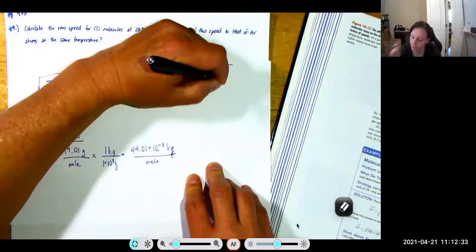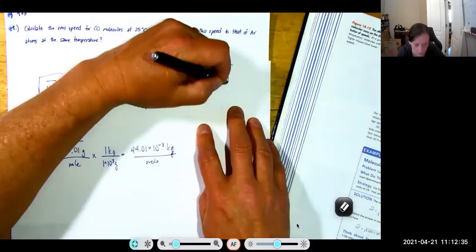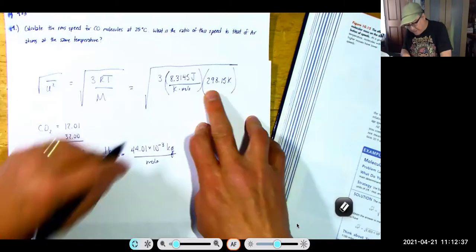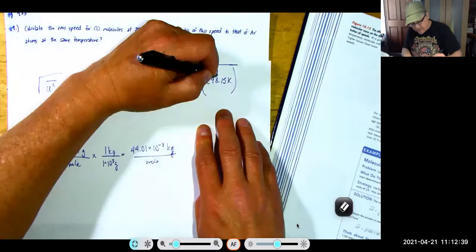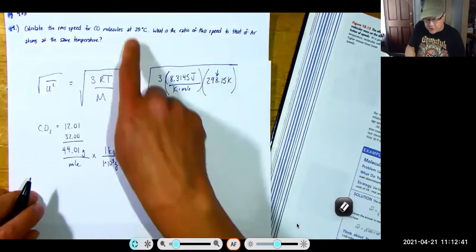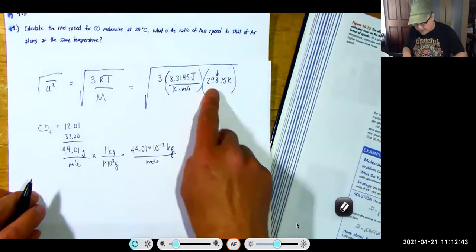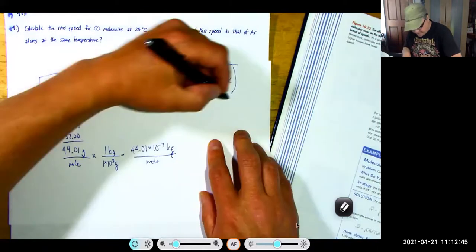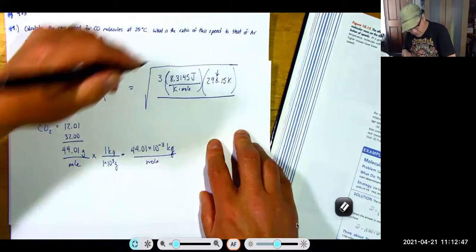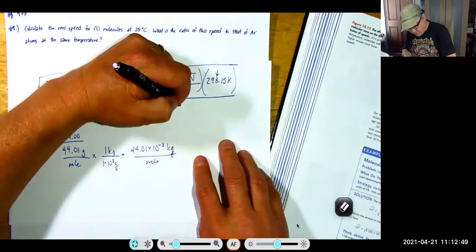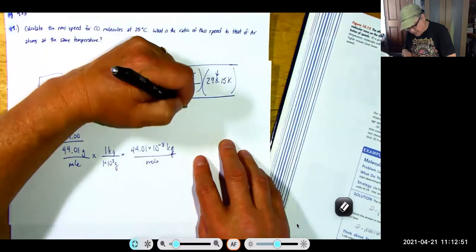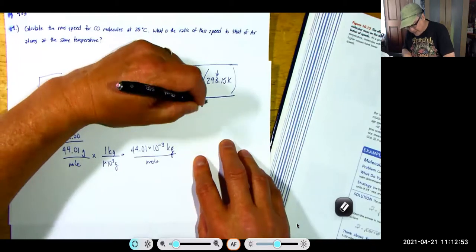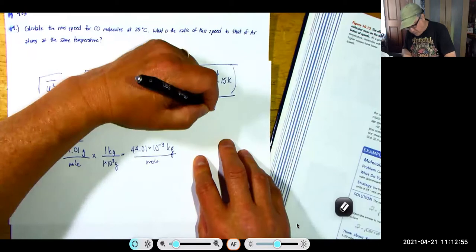Yeah. So 298.15 K. And because this is 25 and good to the ones, this is really only good to the ones, but we're not going to round yet. The molar mass is 44.01 times 10 to the minus 3 kilograms per mole.